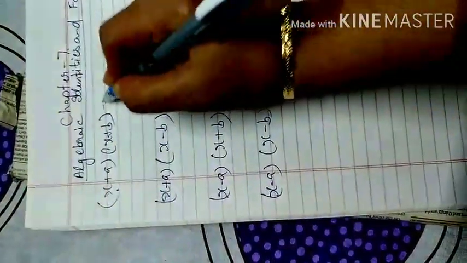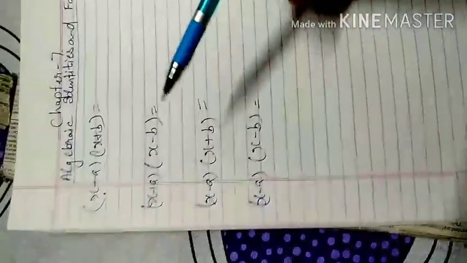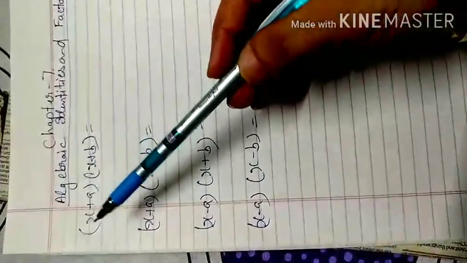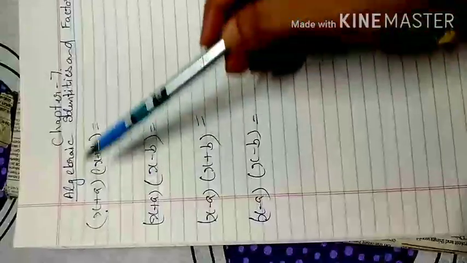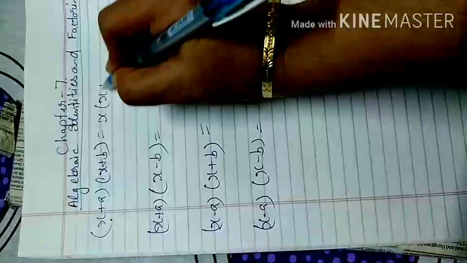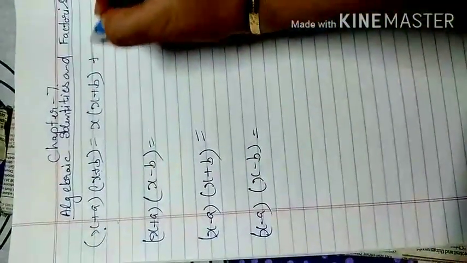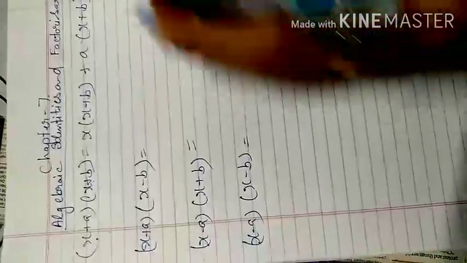So what will you do? As you did with polynomials, the first term has to multiply the whole bracket, and the second term also has to multiply the whole bracket. That means first x is multiplied by x plus b, and then plus a is multiplied by x plus b.